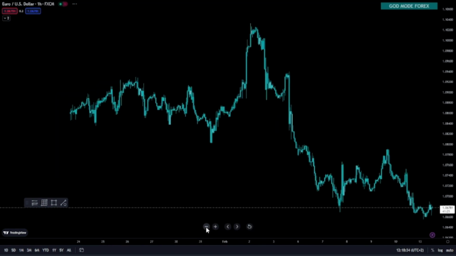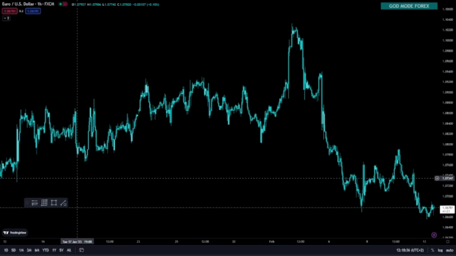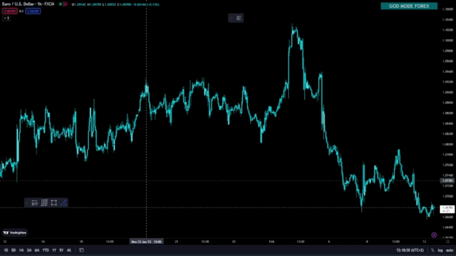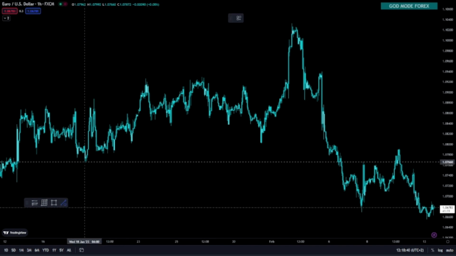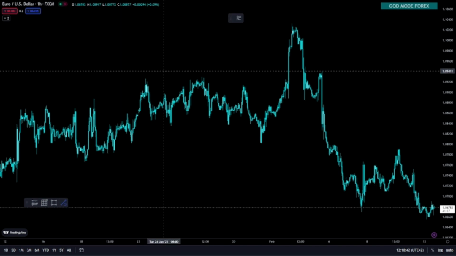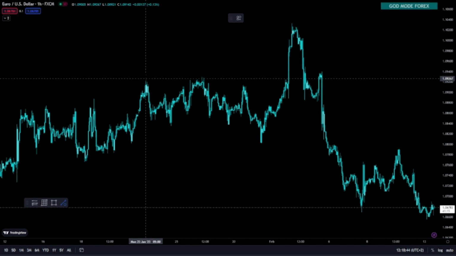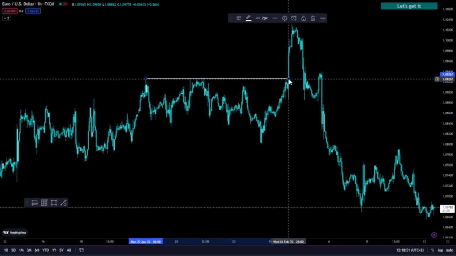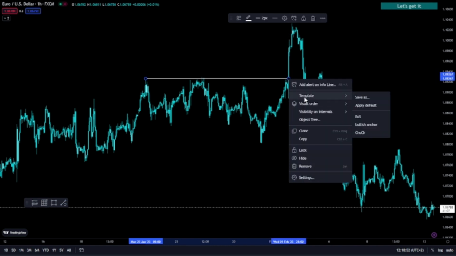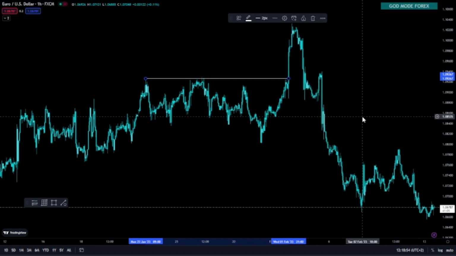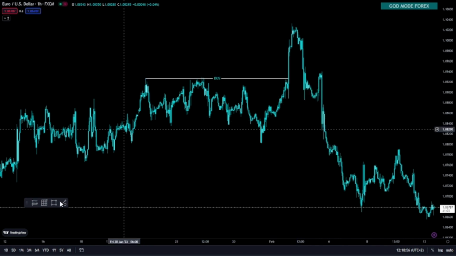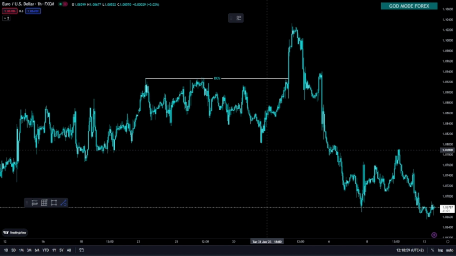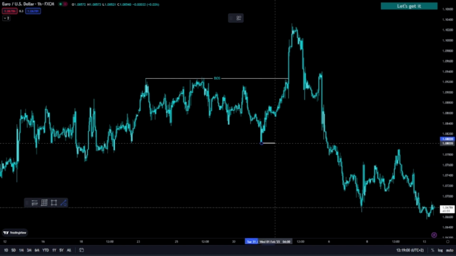As you can see, guys, we are on the 1 hour time frame, and we are on an uptrend. Why are we on an uptrend? Because we had a BOS right here, and then we had a change of character.